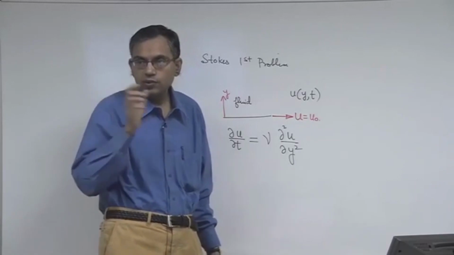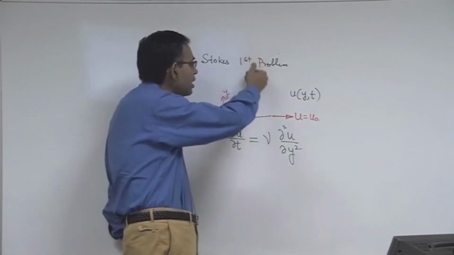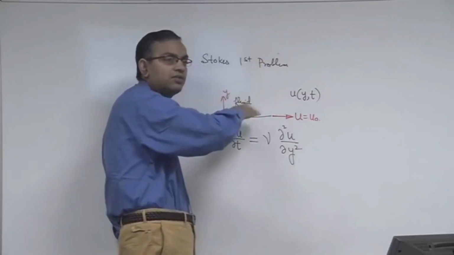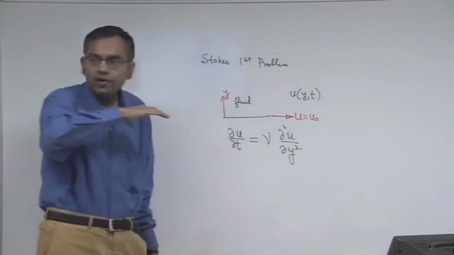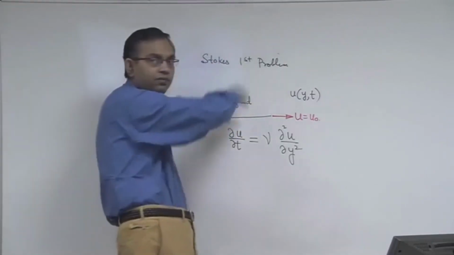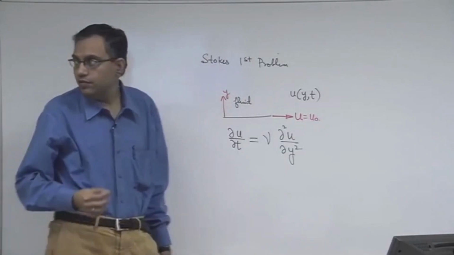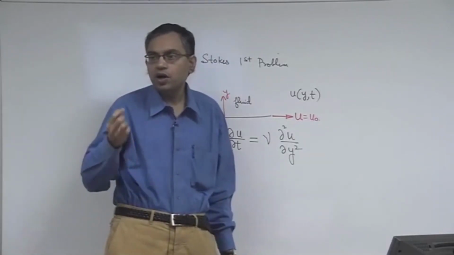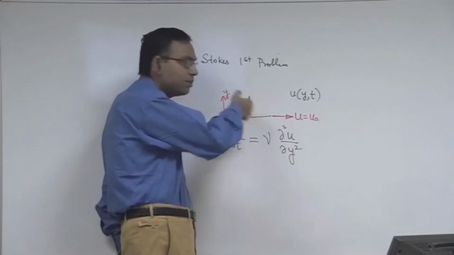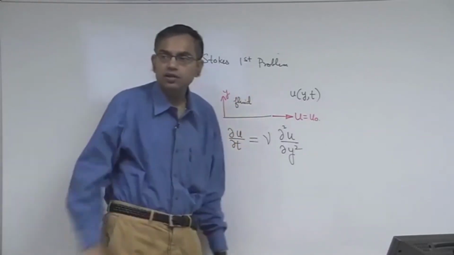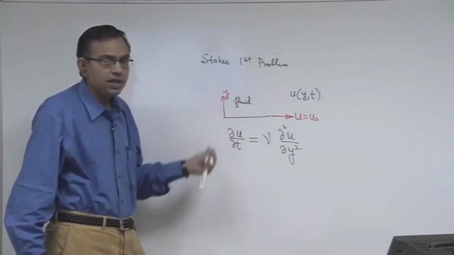If you allow more and more time, more and more fluid in the outer layer will feel the effect of the plate. Theoretically, if you allow infinite time, all the fluid will feel the effect of the plate, but in a very short time only a small depth from the plate will feel the effect of the solid boundary. So, time is an important parameter.